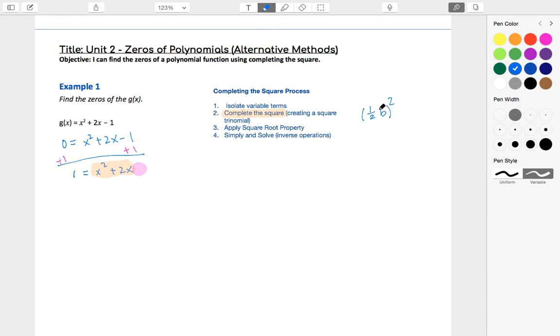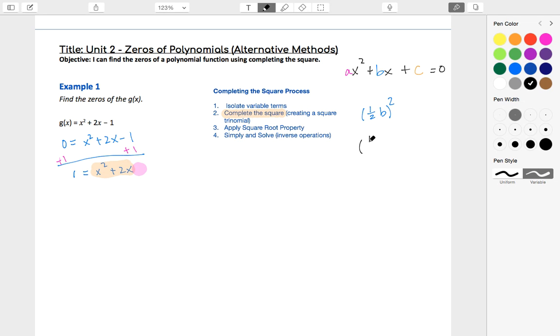What this b represents, just remembering from our quadratics, I'm going to write this one time: we have ax squared plus bx plus c is equal to 0. Right? So recalling that the b is the number in the linear or middle term, and in this case b is 2.